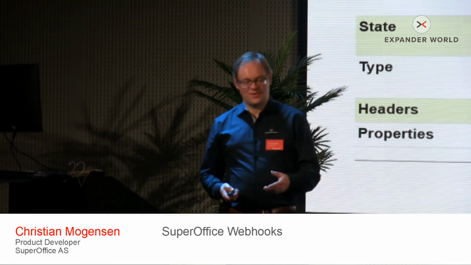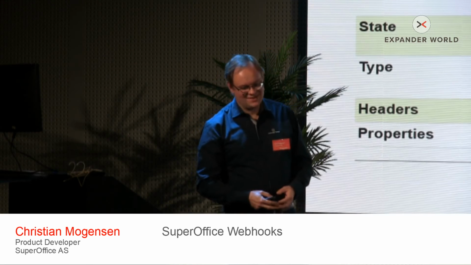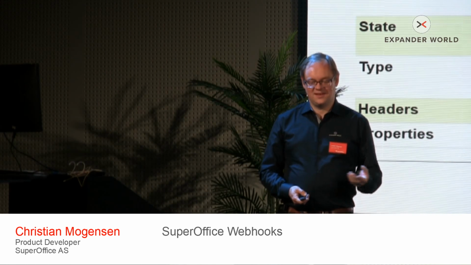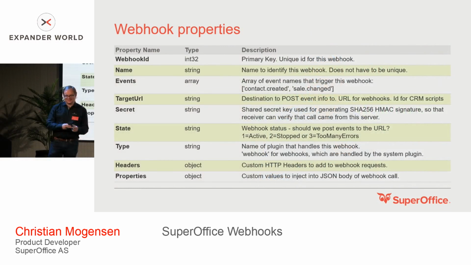So when you register the webhook, you basically have your secret string as part of the webhook definition, and that secret is then used to hash the contents of the webhook, and it's stuck in a special header when the webhook is delivered. It's delivered along with a header that says this is the hash value.